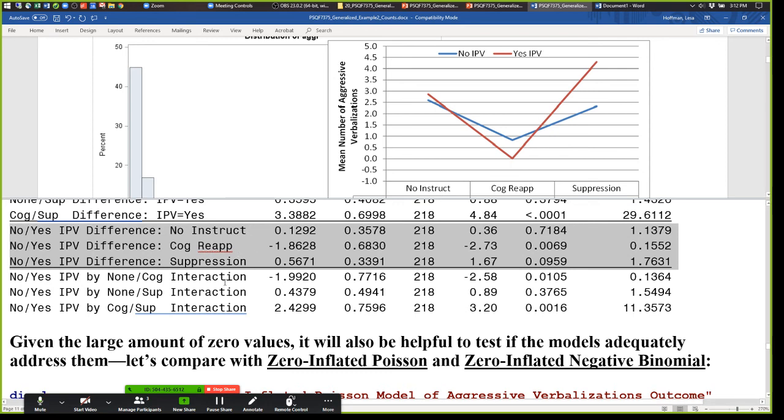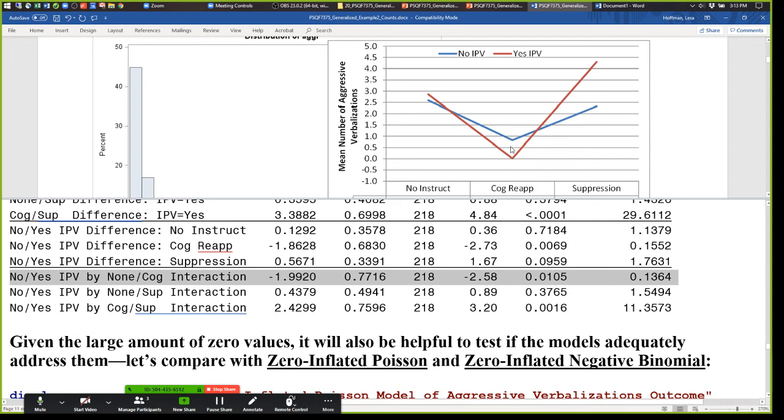Then we get the interaction terms. So the difference between those two numbers right there is right here. So if you want to compare none versus cog, is this vertical difference different than that vertical difference? Survey says, yep.